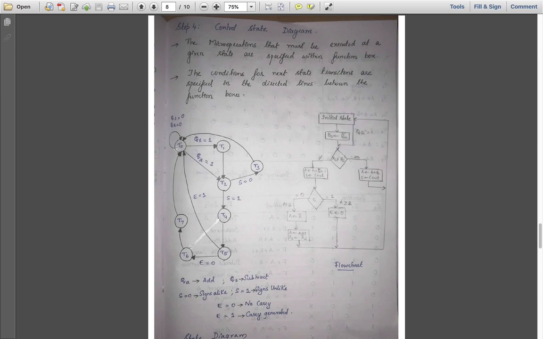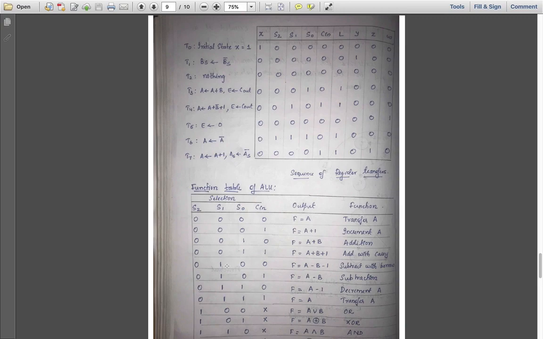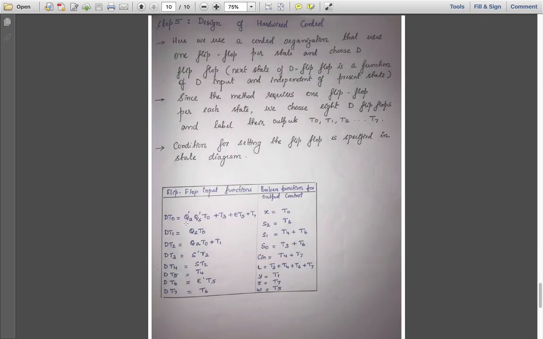So these are the different possibilities to reach T0, and that is what is written here. QA and QS are complemented because both of them need to be 0 to remain in T0. You can come from T3 directly, from T7 directly, and from T5 only if E is set to 1.